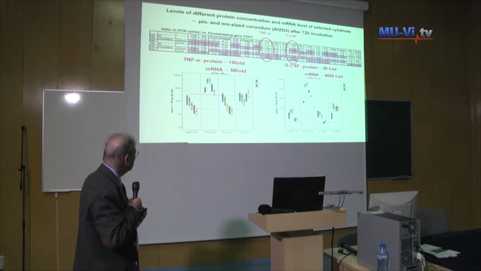And you see that the micrometer sized corundum particles have a decline in the reaction, in the production of TNF alpha, comparable to the negative controls, and for the different times, 4, 24, 48, 72, and 96 hours, whereas there is an increase, a dramatic increase in the production of TNF alpha for the nanometer sized particles.